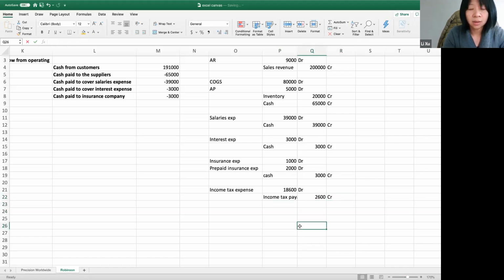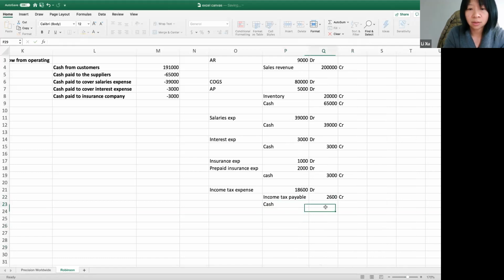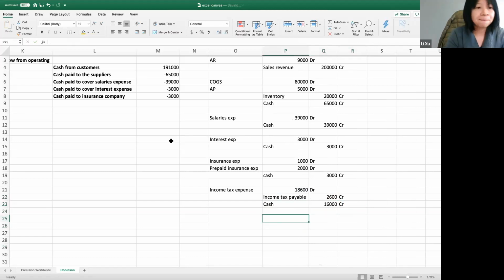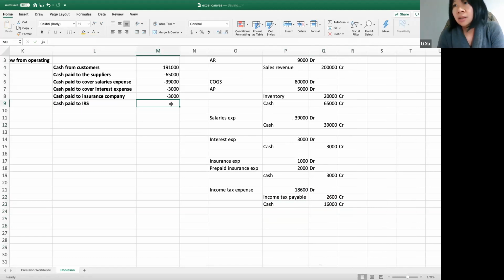Okay. So what we have left is cash. Cash is a plug-in number. Debit minus credit. So cash paid to IRS. You want to put this as cash paid to IRS because not everything covered expenses.